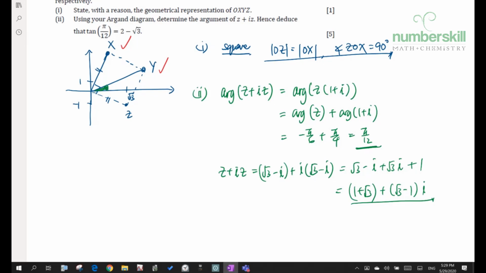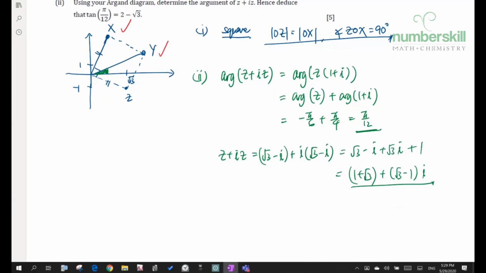And what you want to link up together is the fact that if you know this is your y, that means you know that the x coordinate is 1 plus √3, and the y coordinate is √3 minus 1.